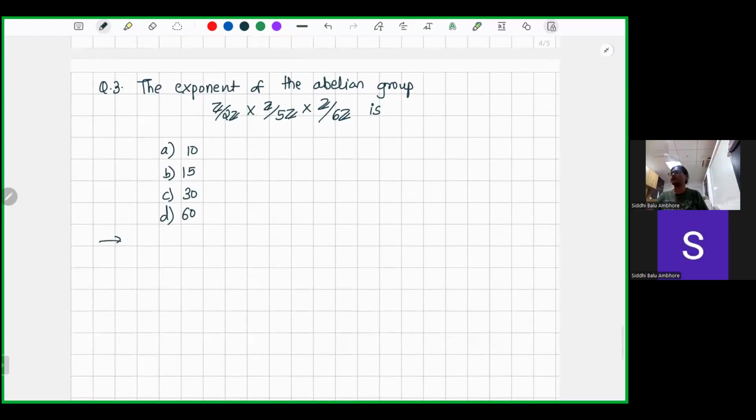Okay, so exponent of abelian group. What is the exponent of an abelian group?